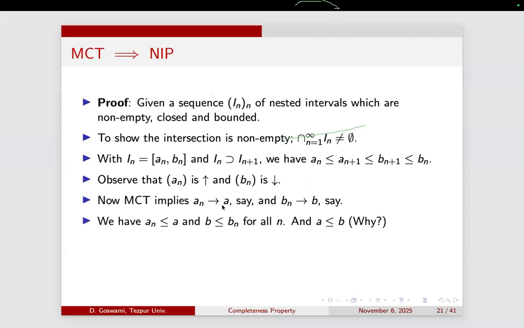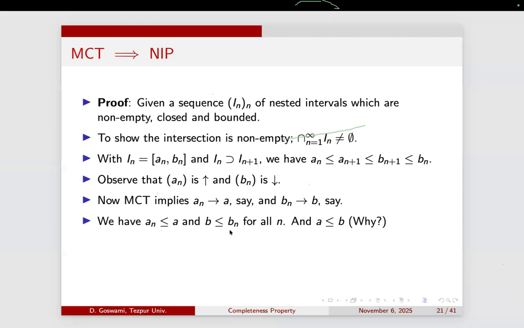Which are these? From the previous result, I know these are the supremum and infimum. So using again the fact that a is a supremum, b_i is an upper bound, b is an infimum, a_i is a lower bound, we have these criteria. So immediately we have a and b lie between a_n and b_n.